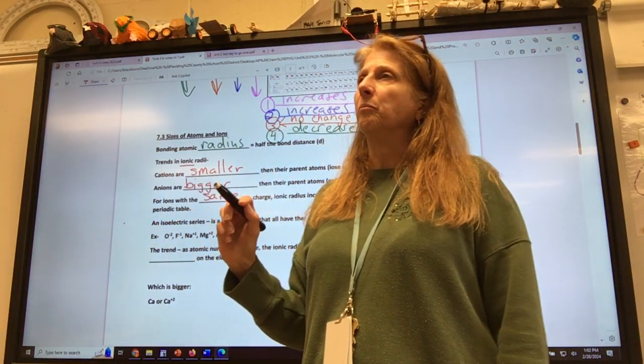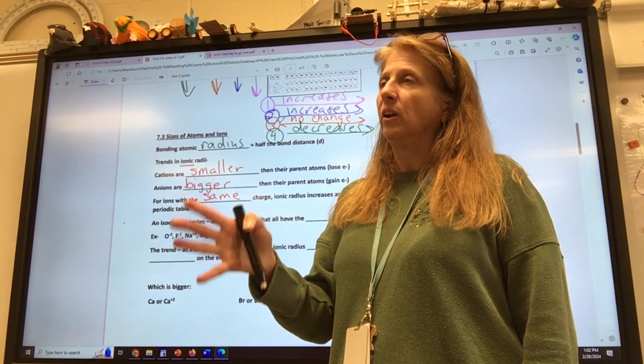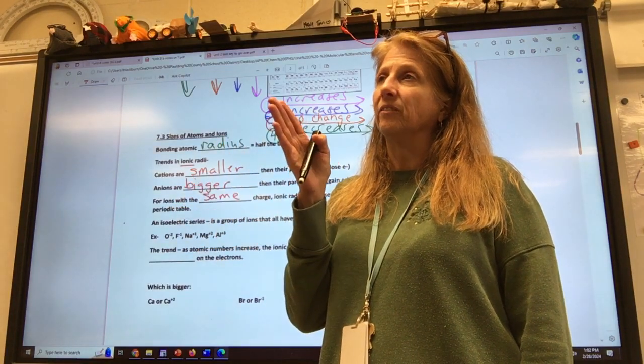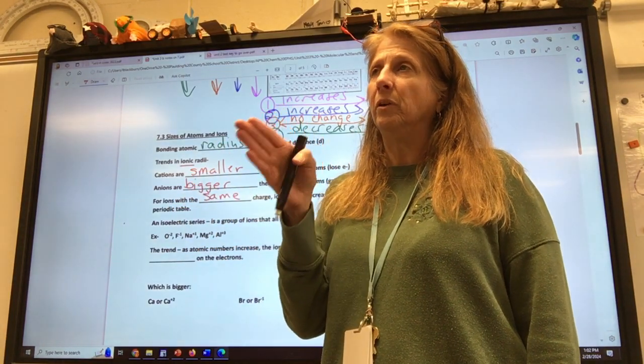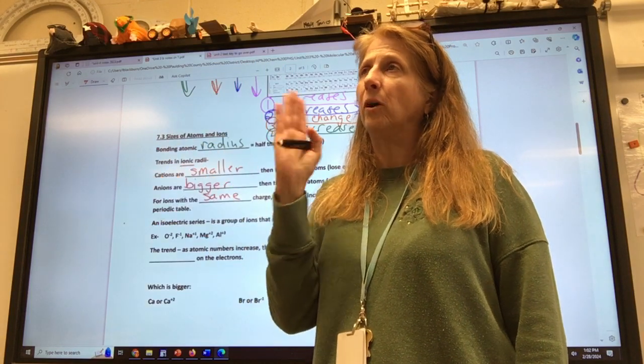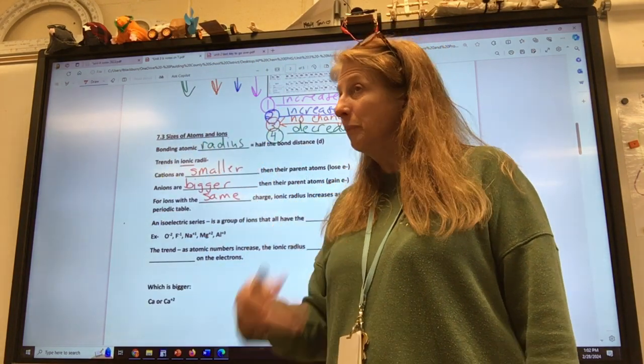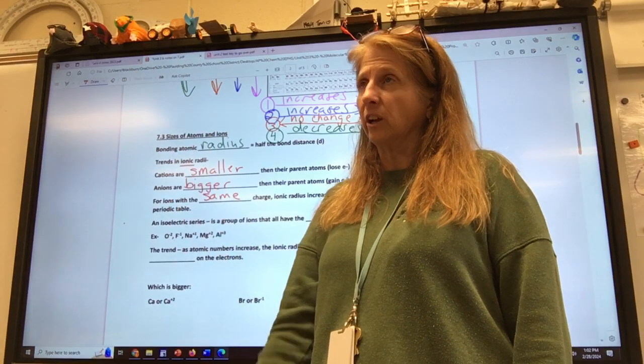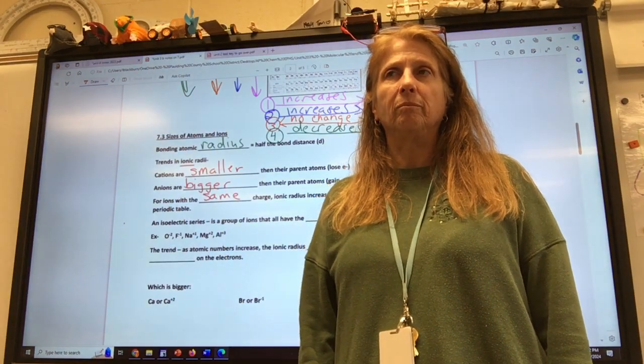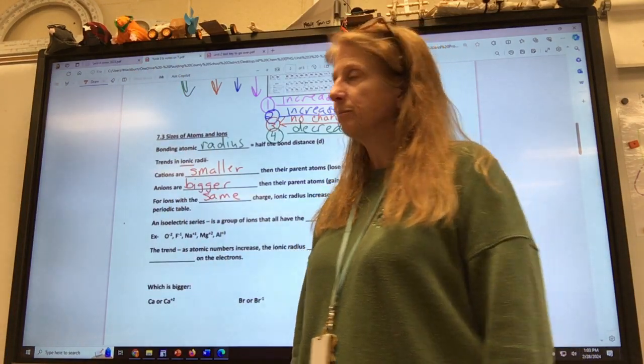So we're looking at an ion of lithium and an ion of sodium. They're both +1, but sodium's just bigger. So the radius is going to increase as we go down the column. That's all logical, right? Okay.